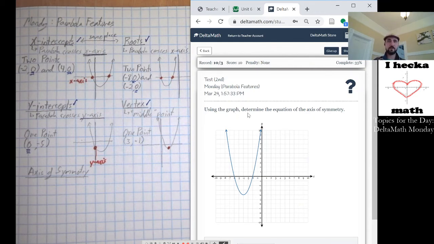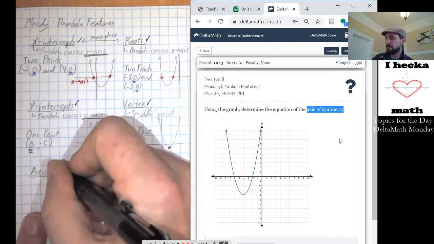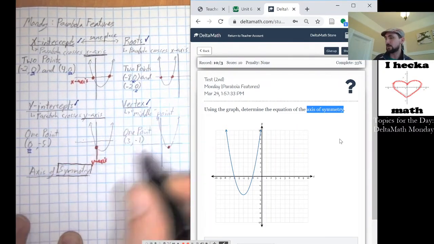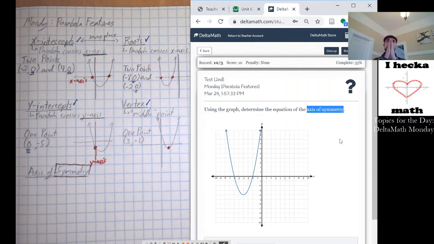Using the graph, determine the equation of the axis of symmetry. Okay, so symmetry. Symmetry is a word we were introduced to last week, but symmetry is when something is the same on two different sides, right? People's faces are not perfectly symmetric, but they're kind of symmetric because one side of the face looks the same as the other side.